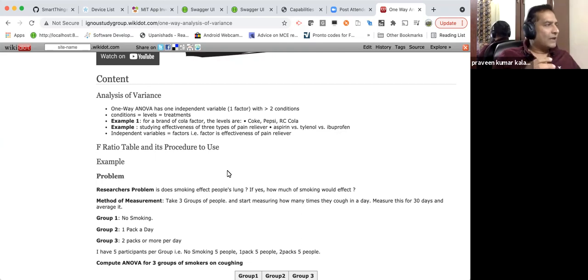I do the lung test of person A, and find the lung capacity is some 60%. I'm just giving a hypothetical figure. Now I come to person B who smokes one pack every day, and I find this person's lung capacity is more than person A's. Even after smoking cigarettes, his lung capacity is more, right?